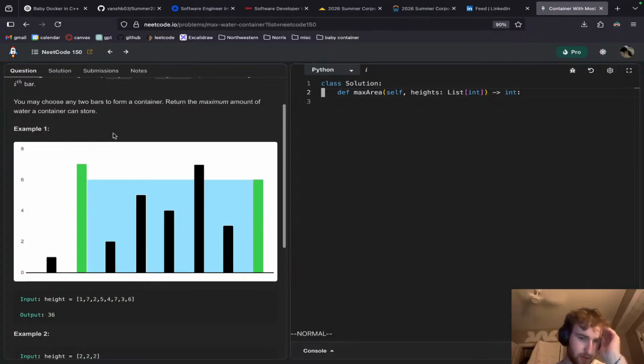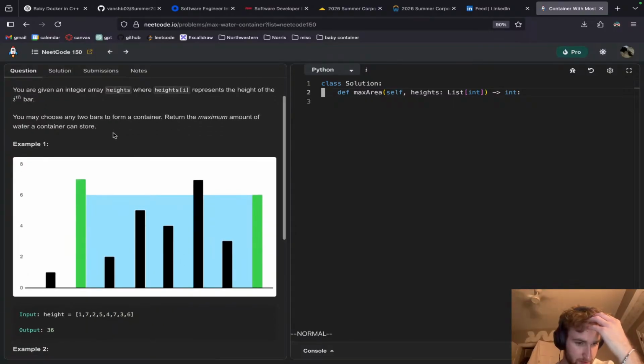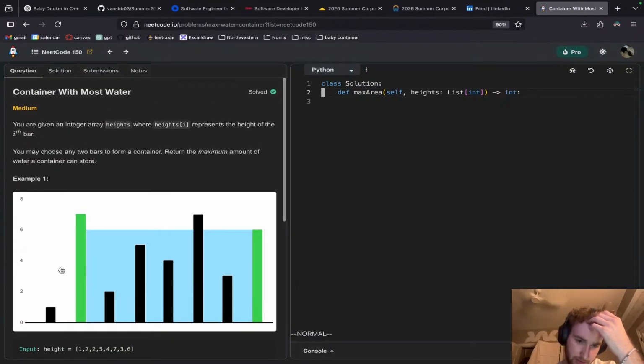You can choose any 2 bars to form a container. Okay, this is just you keep a max running one, right? And then you have a left and a right pointer. How do you determine which one to move again?